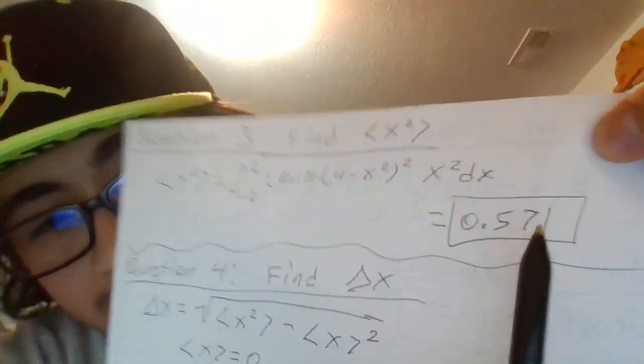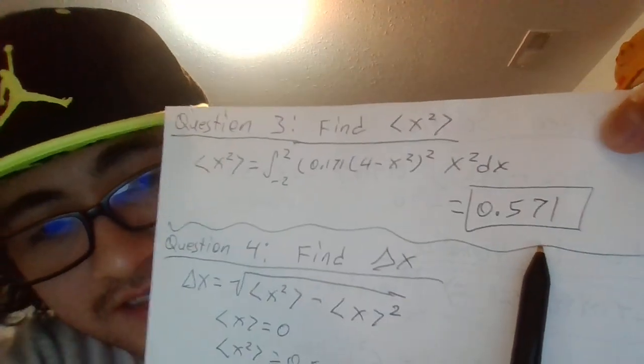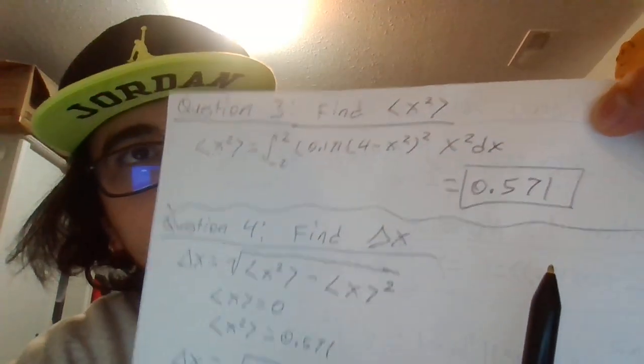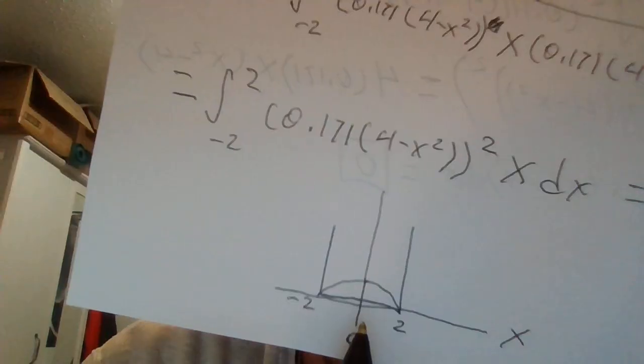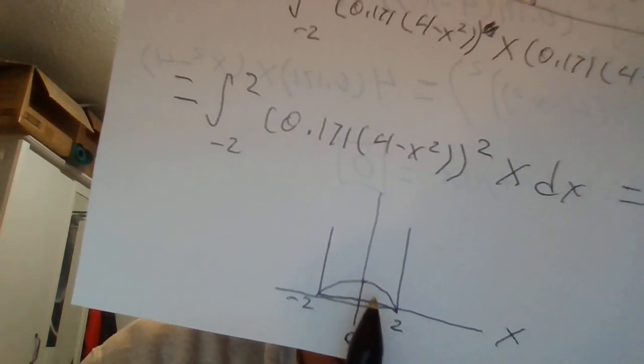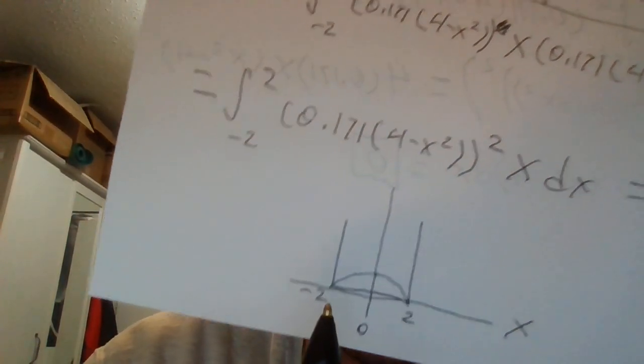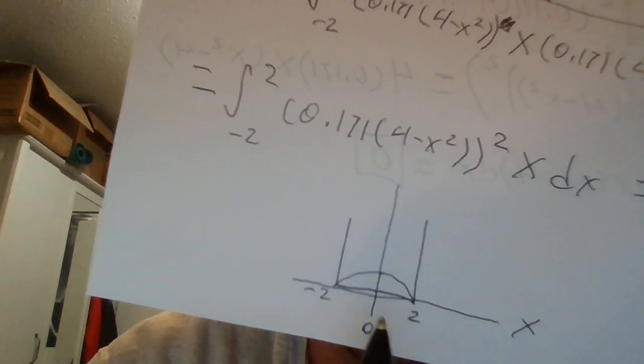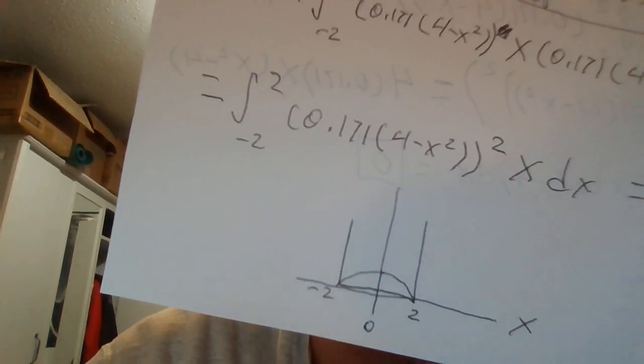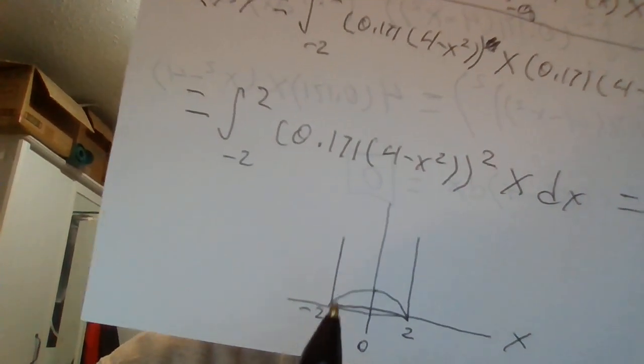Excuse me, sorry. That's the answer, and it makes sense that it's not 0, because you have x squared. If you look at the picture again, whatever x value you choose can be anywhere between -2 and 2. If you choose a negative number and square it, it turns into a positive number.